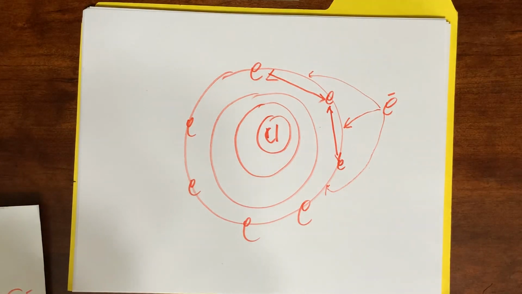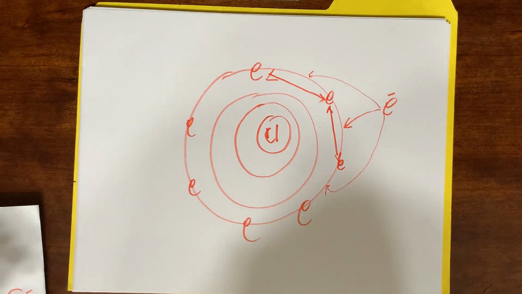And the last discussion from this chapter is going to be the trend of metallic character. As you know, when we talk about metals, we say metals tend to conduct electricity.